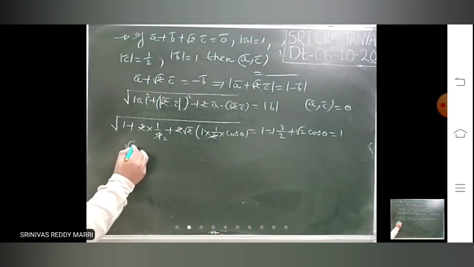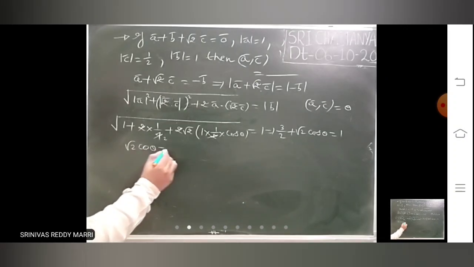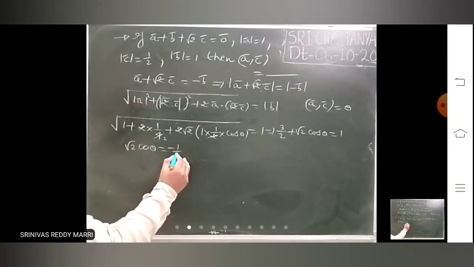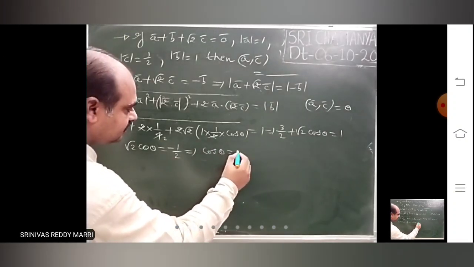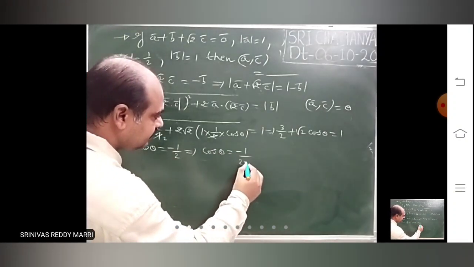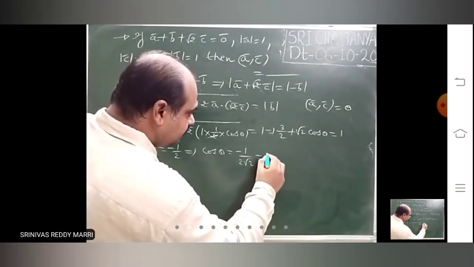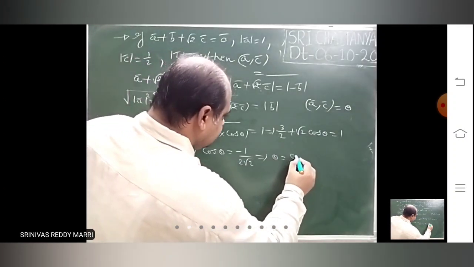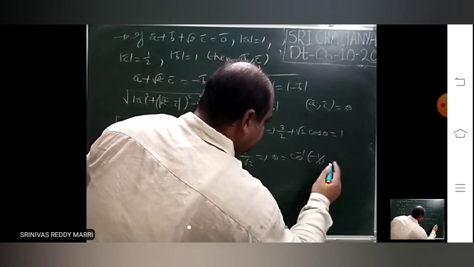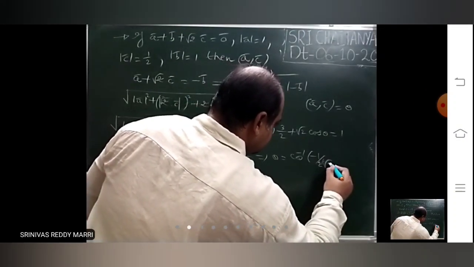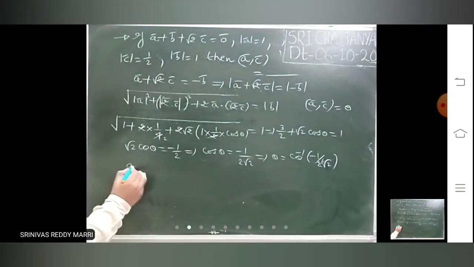That means root 2 cos theta equal to minus 1 by 2. That means cos theta is nothing but minus 1 by 2 root 2. Theta is nothing but cos inverse of minus 1 by 2 root 2. So therefore this is the angle between A bar and C bar.